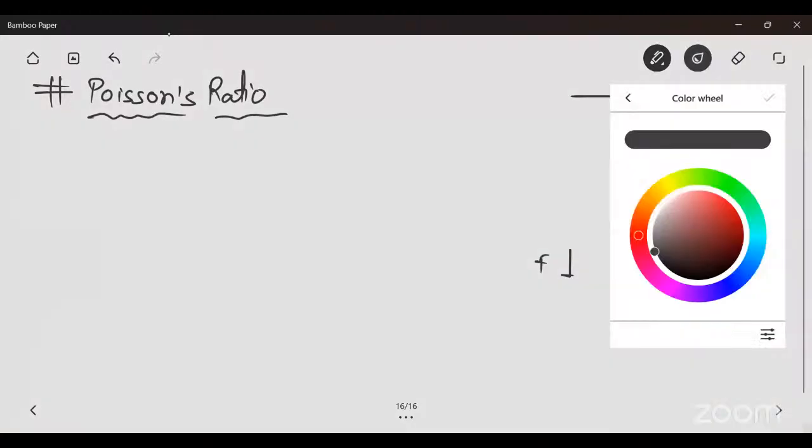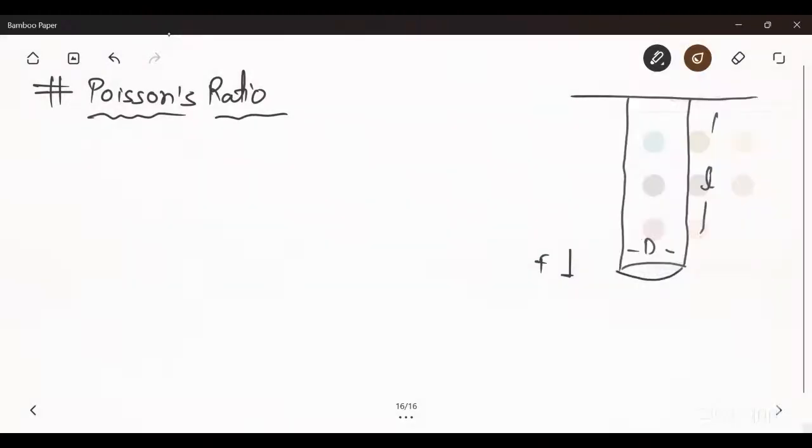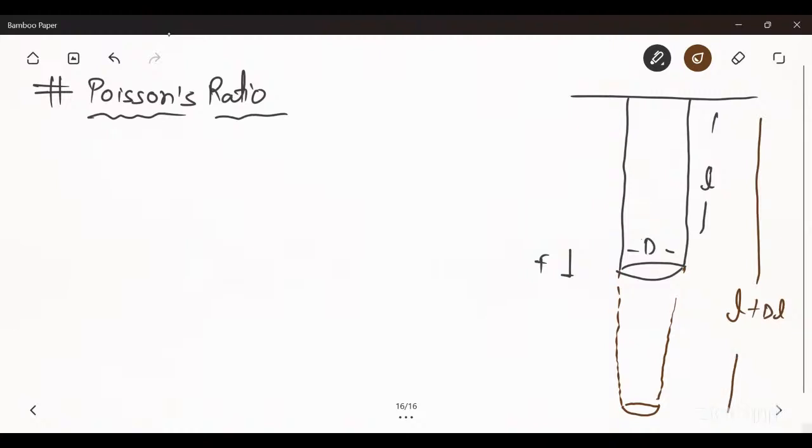The length of the body will increase by delta L, but on elongation there will be a decrease in its diameter. So the length will be L plus delta L, and the diameter will be D minus delta D.